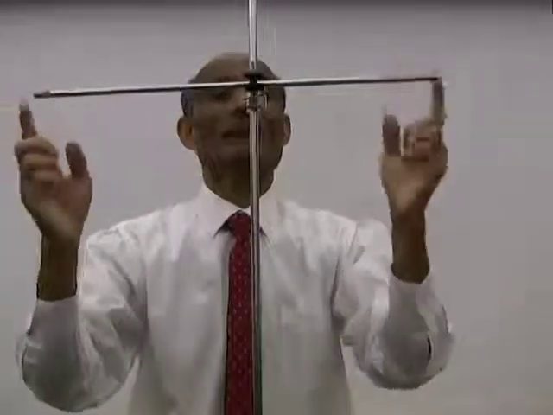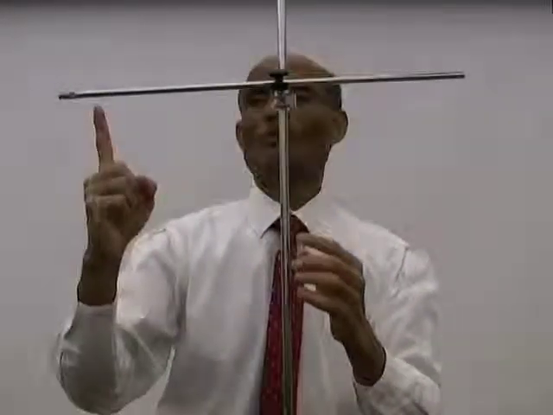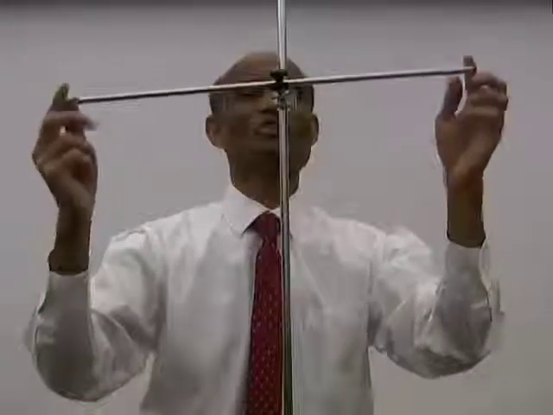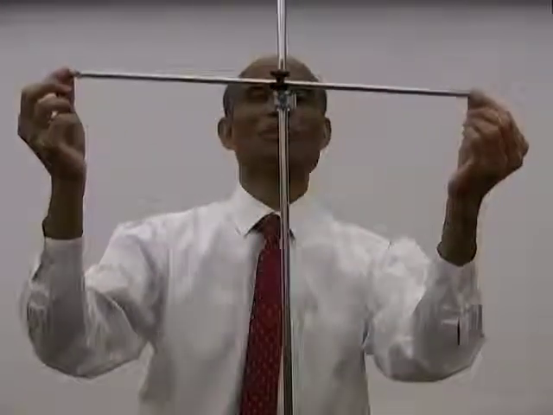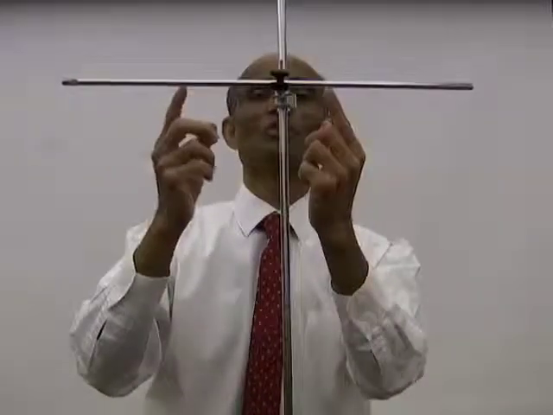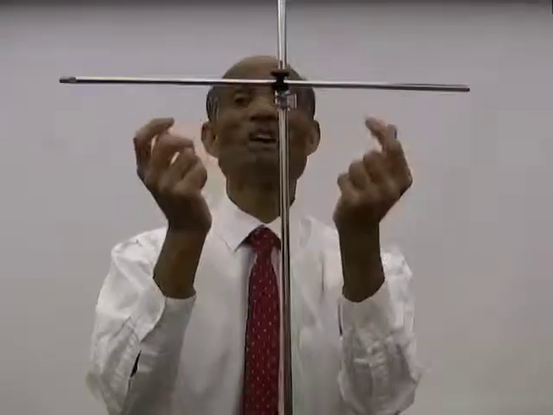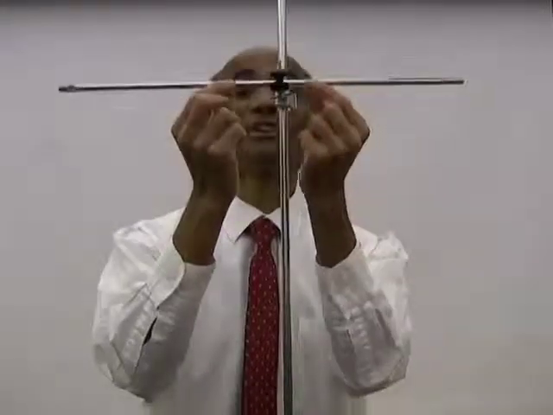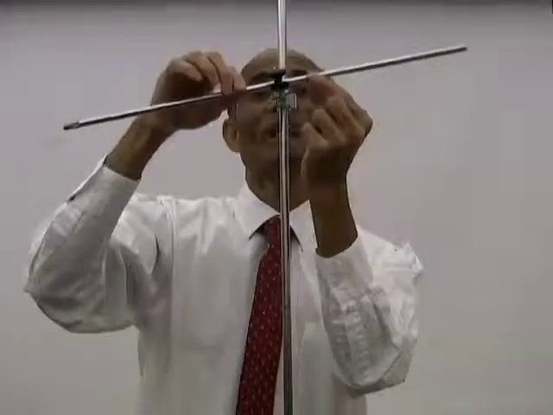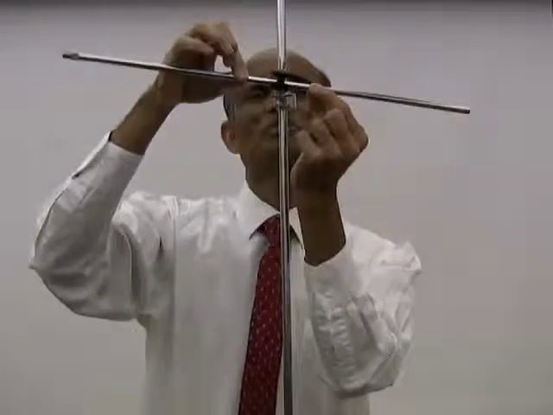Now, tell me, in this case that I demonstrated, one force upward and the other force downward, it produces rotation. Now, if I bring those forces closer and closer, is the rotation effect increasing or decreasing? You see, if I apply one force up and one force down very close to each other, the rotation effect is very small.